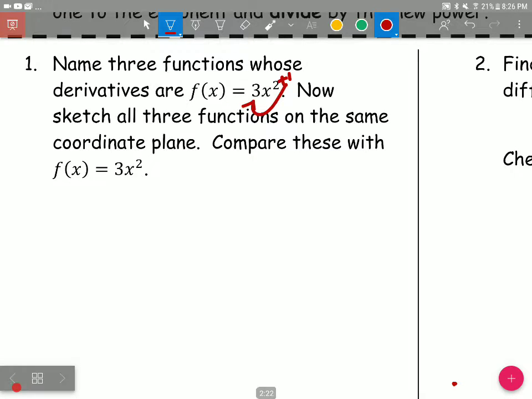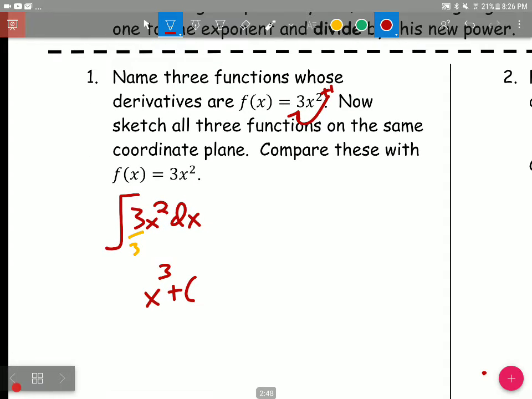So let's take the integral of 3x squared dx. To find the antiderivative, I would raise that exponent to a 3 and divide my coefficient by that new exponent. So 3 divided by 3 is 1. So it just turns into x cubed, but I have to add plus C. Miss Hunter's favorite letter, because, well, her name's Chrissy.